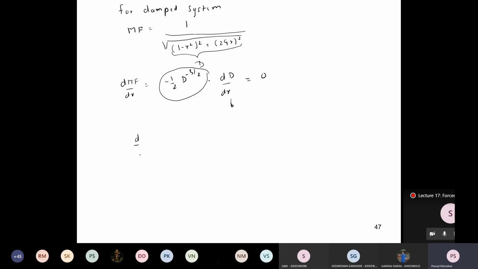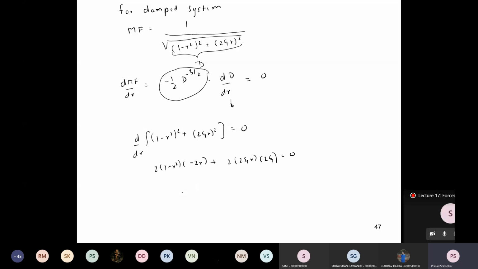So I can equate d by dr of (1 minus r square) whole square plus (2 zeta r) whole square to 0, and you can take the derivative. It is 2 into (1 minus r square) into minus 2r, plus 2 into 2 zeta r into 2 zeta, equal to 0.